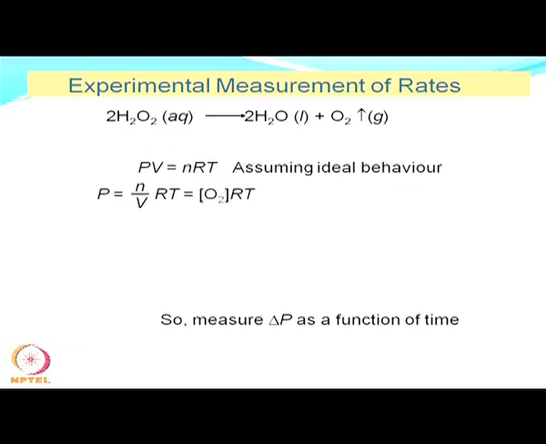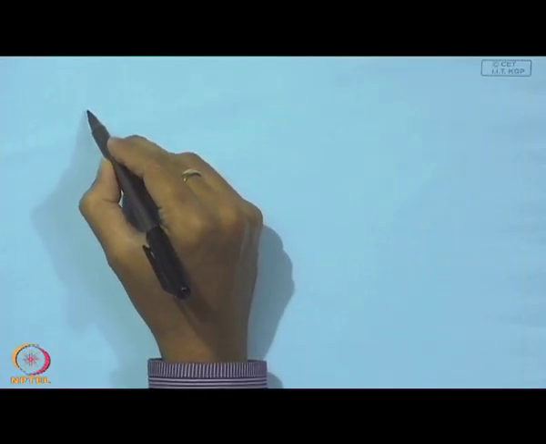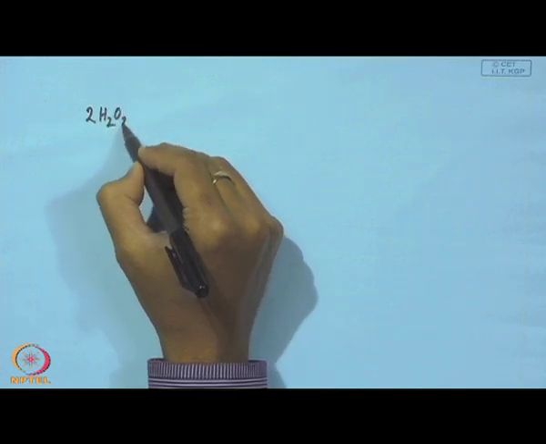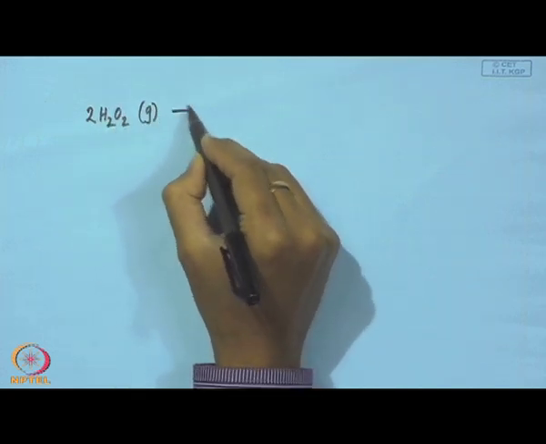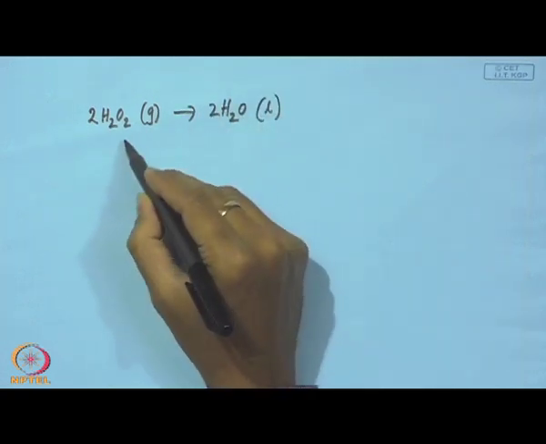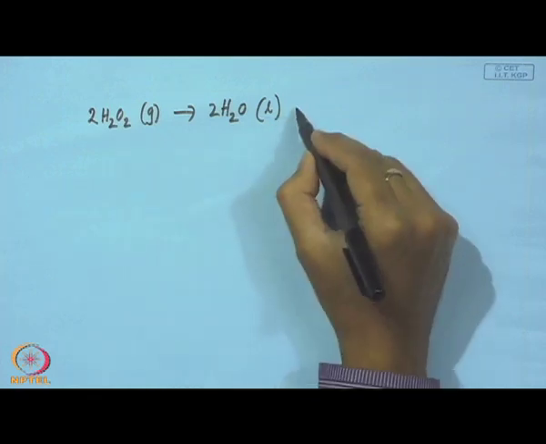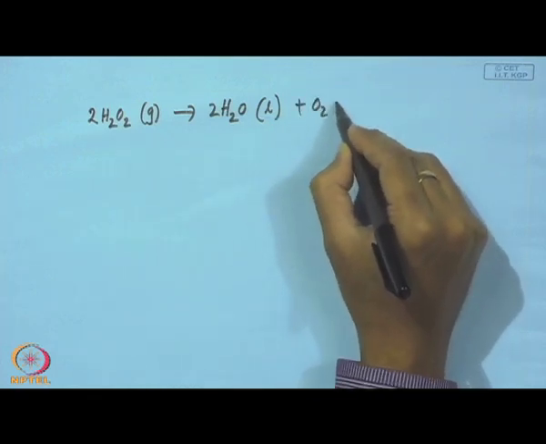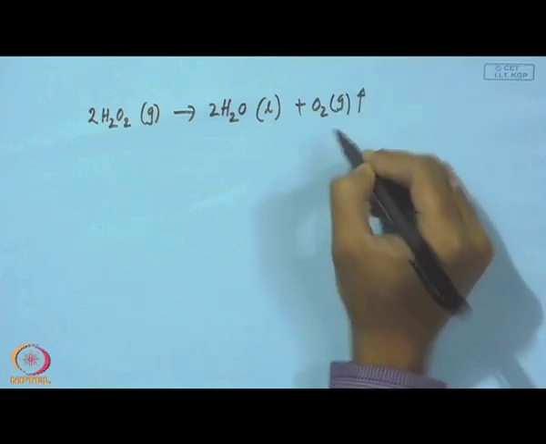Next we will move on to experimental measurement of chemical reaction rates. Let us start with a simple example, the decomposition of H2O2 producing 2 H2O liquid, because it happens in aqueous solution, plus O2 gas is evolved.